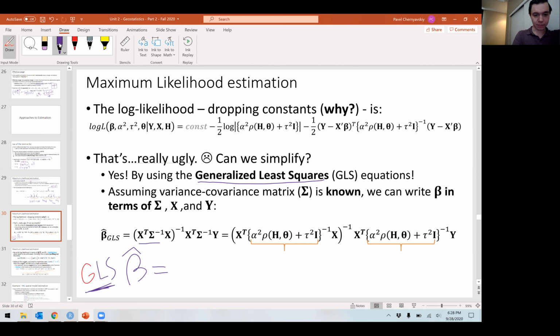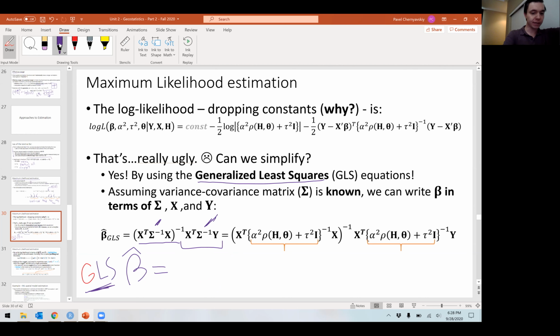It's x prime sigma inverse x, inverse, x prime sigma inverse y. Again, if our data are independent, our sigma inverse becomes the identity matrix, and our GLS goes to OLS.